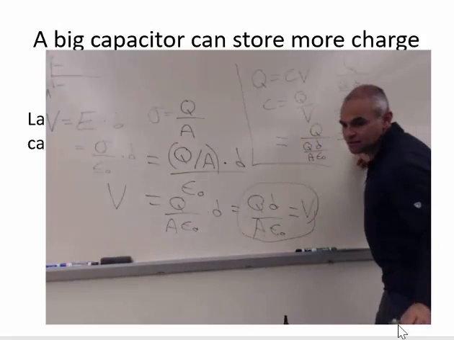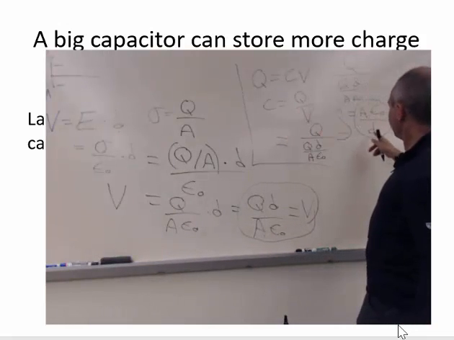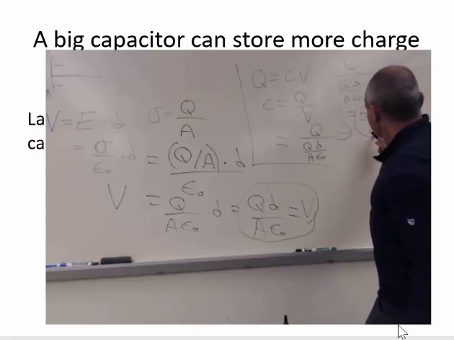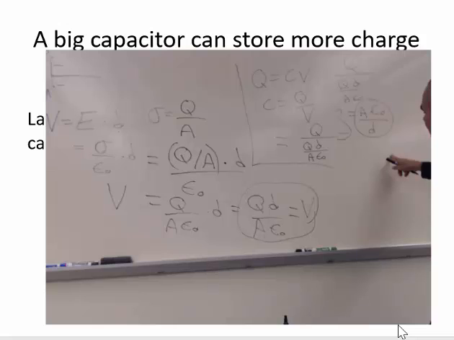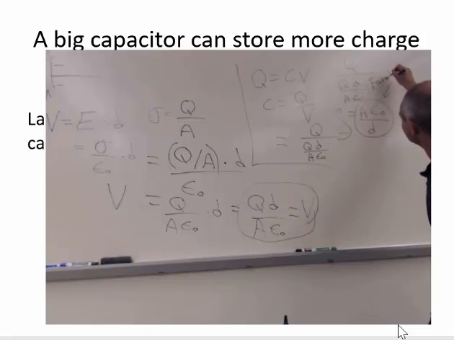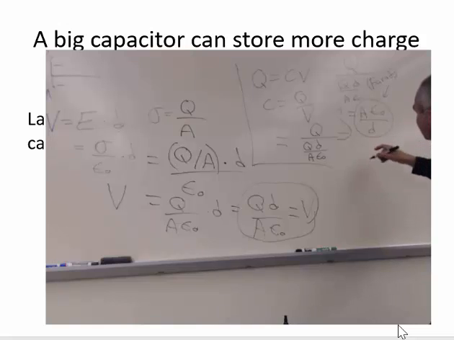So this is my equation. If you look at how the units work themselves out, this is going to be farads. That's the unit of capacitance, as you've seen in lab. The area is in units of meters squared, the D is in units of meters, and epsilon 0 is in Coulomb squared over Newton meter squared.